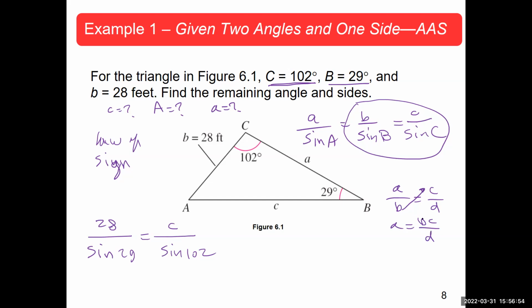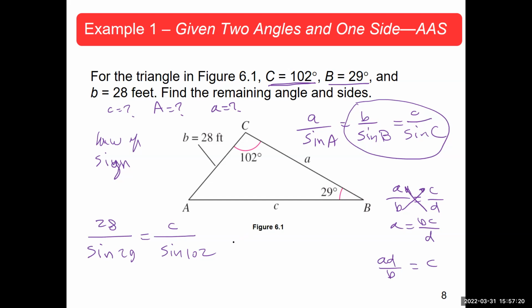That's fine. Then I can get A equal BC over D. Like a game, you can move any one up or down. If I said I want to know the C value, I can move the D up. Then I get C equal AD over B. Or you can do cross product, AD equal BC.